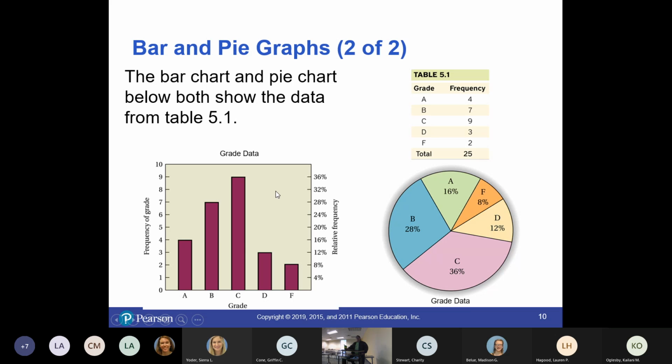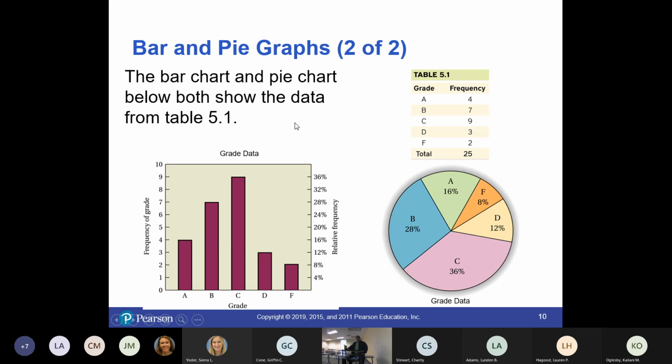Does anybody know the difference between a histogram and a bar chart? This is a joke, but it's not a joke, but it's a joke that they even worried about it. Can anybody tell me? Exactly. So if you take these bars and you squish them side by side, you would have a histogram.